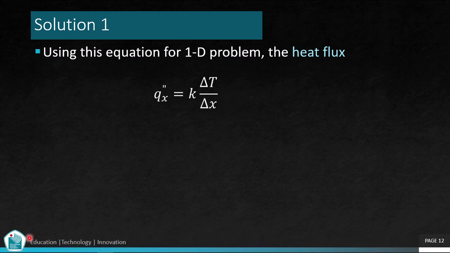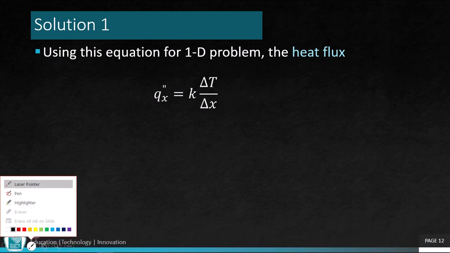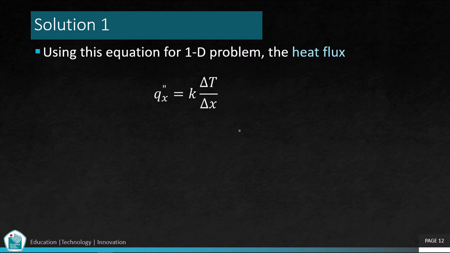Why? Remember that ΔT means the low temperature minus the high temperature, and this value will be negative.